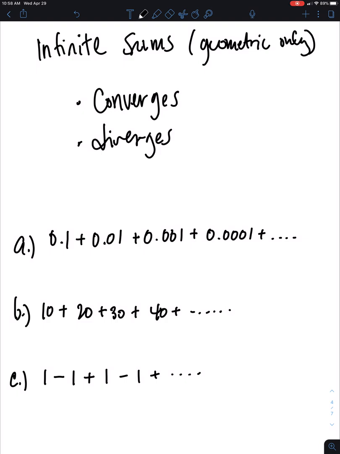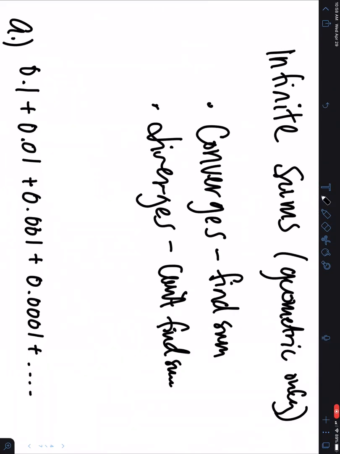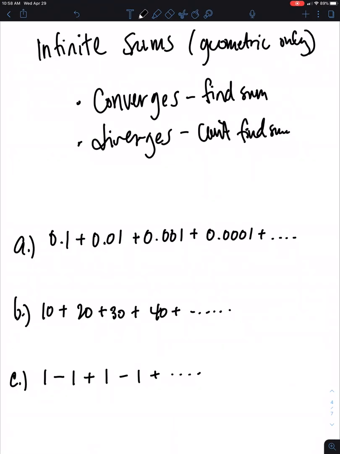If you can find the sum, we say it converges. If you can't find the sum, then you say it diverges. So they're going to ask you, does it converge or diverge? All right, so that's what it's talking about.